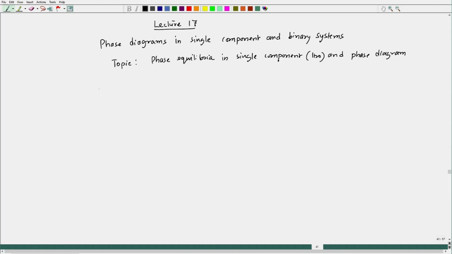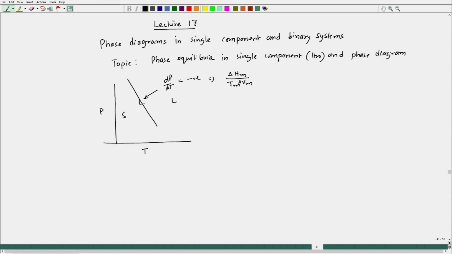If we see what we have done last class, we have seen a diagram which relates P and T, and we have a boundary between solid and liquid, and the slope is nothing but dP/dT, which is negative. Why? We have seen that dP/dT = ΔHm/(Tm ΔVm).